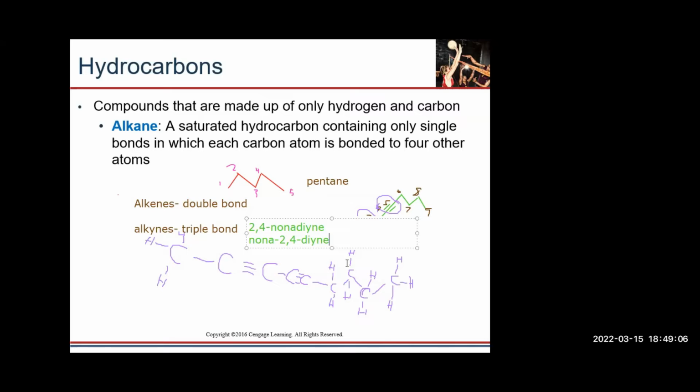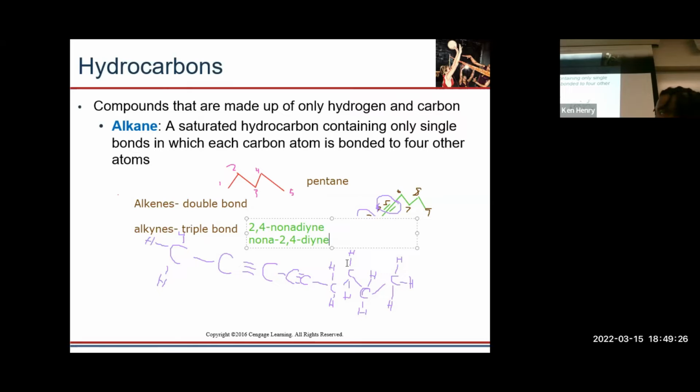So in the first method, it's the bond location, then the Greek prefix, then how many of those bonds you have, and then the type of bond at the end. So it's the location, you're telling me which carbon it's off of.